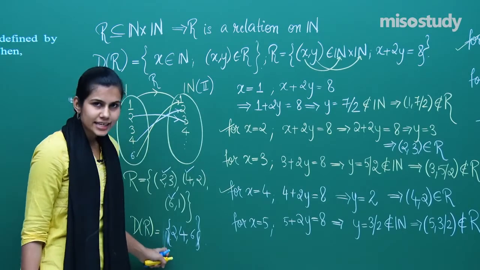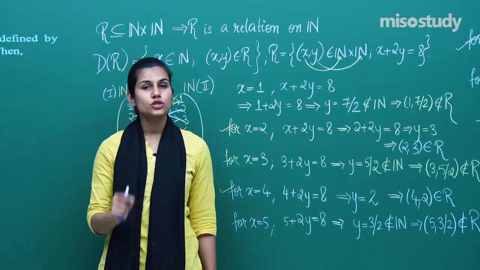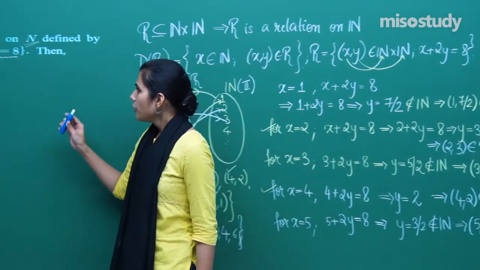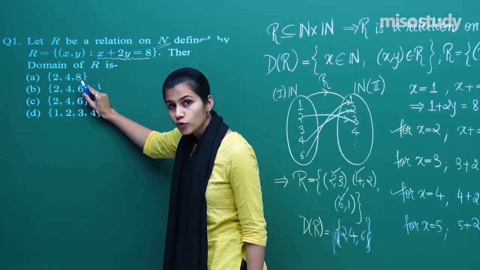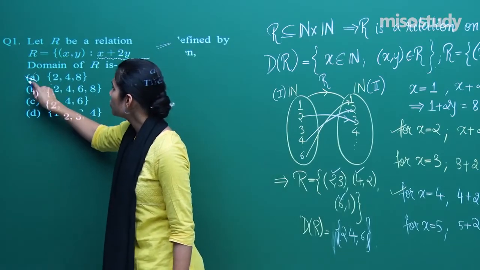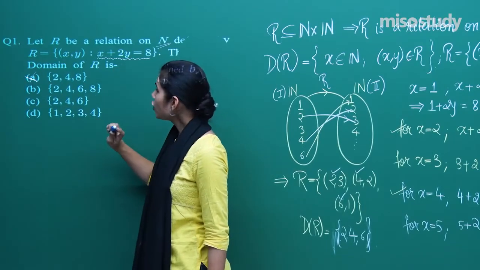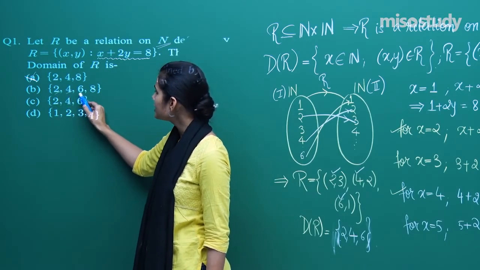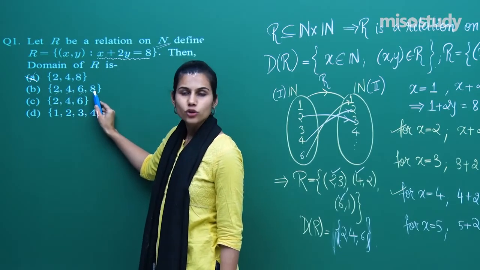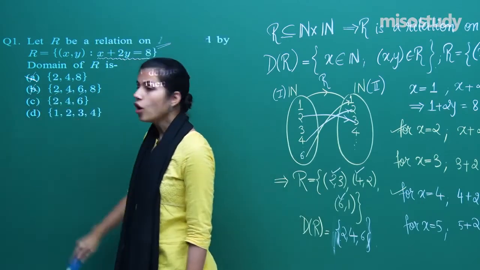Let's see if this set is given as one of the options or not. The first option says domain consists of 2, 4 and 8, which is absolutely wrong. Second talks about 2, 4, 6 and 8. So yes, 2 is there, 4 is there, 6 is there, but I don't want 8 over here. This is also wrong.